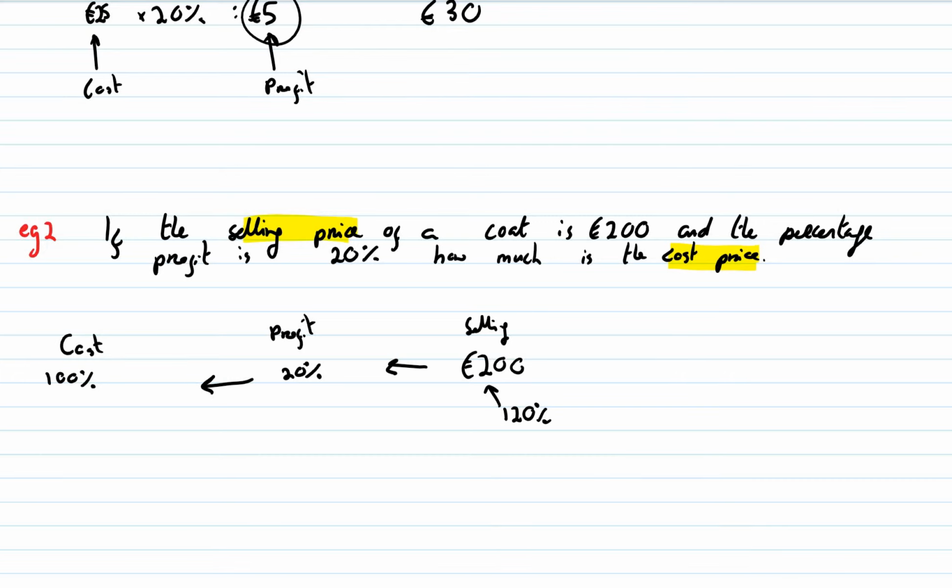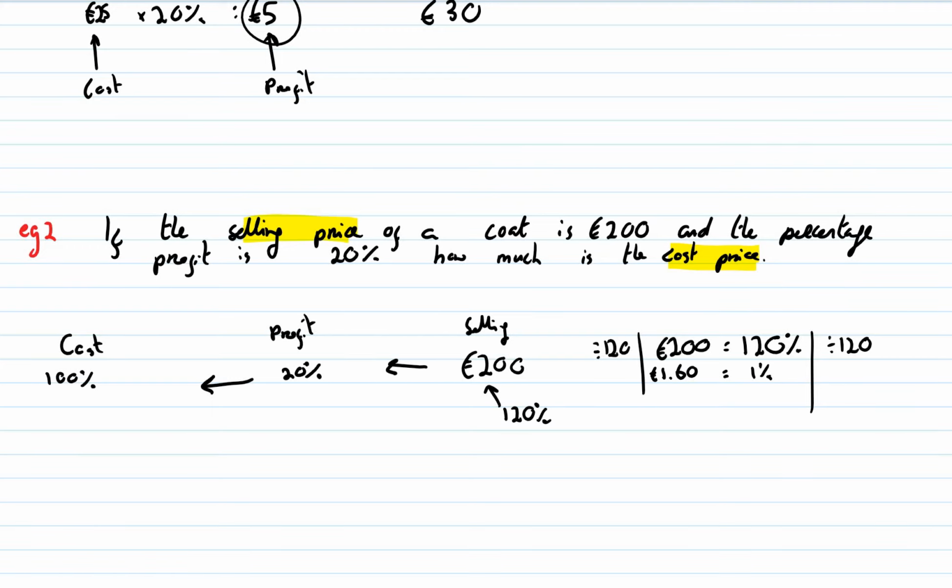Right, well, if 200 euros equals 120%, can I find 1%? Divide both sides by 120. I get 1% on this side, and dividing 200 by 120, I will get €1.60.